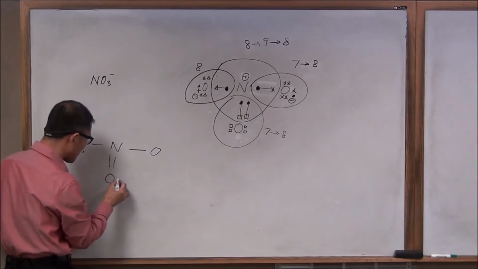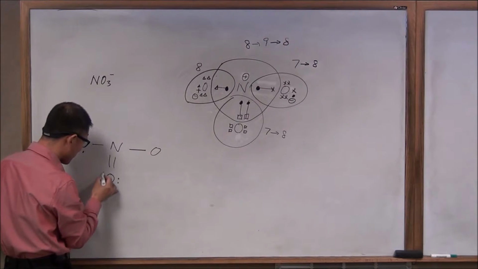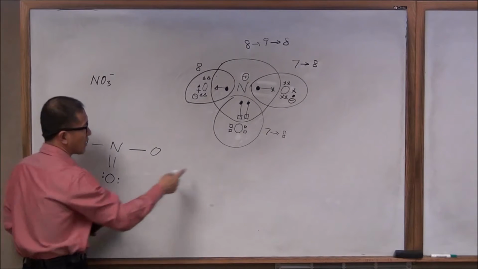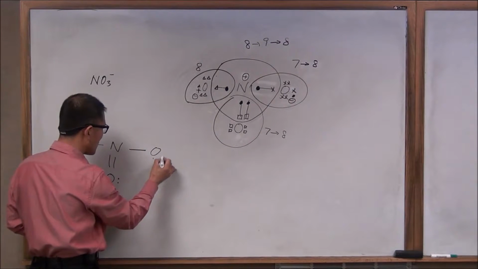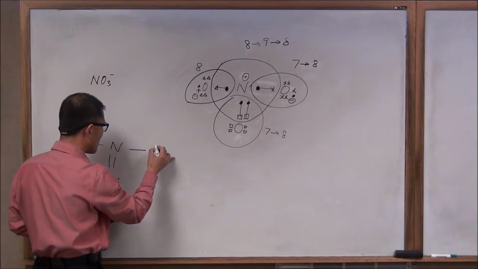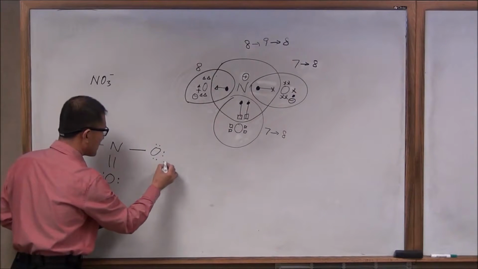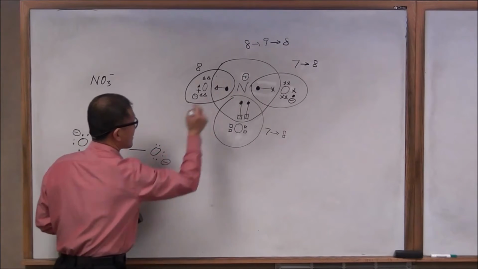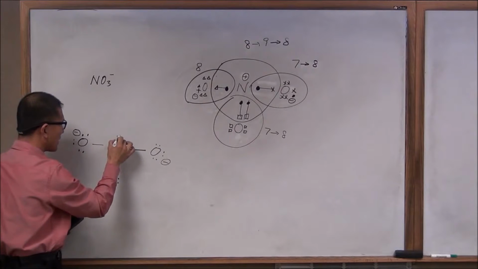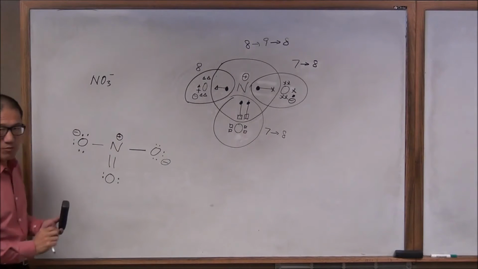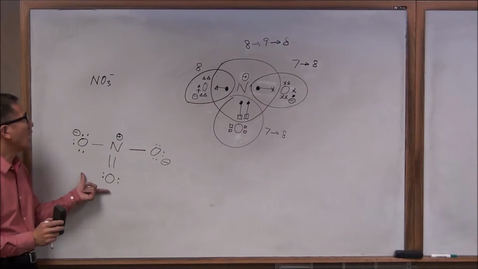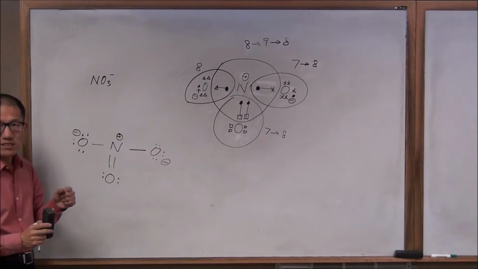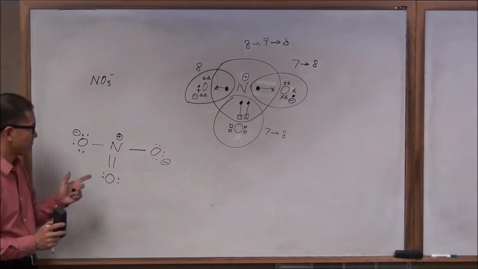You have 4 electrons here without formal charge. You have 6 electrons here, and then with a formal charge, and this does not have any additional electron, but it has a +1 formal charge. So this will be the cleaner version of the Lewis structure for nitrate ion.